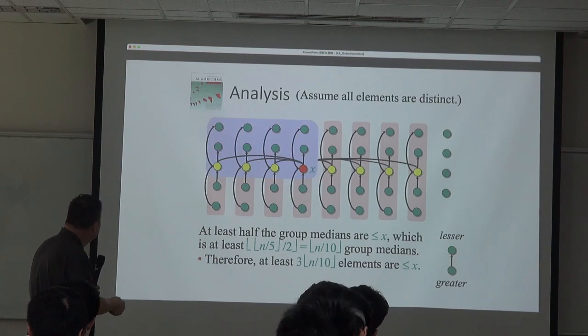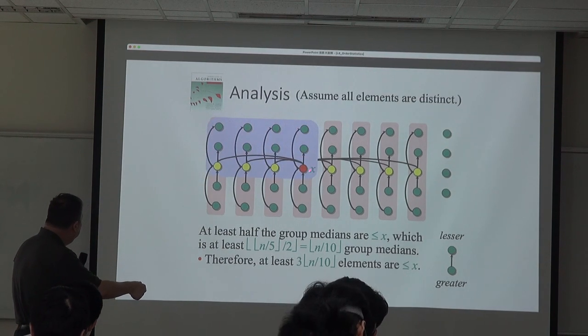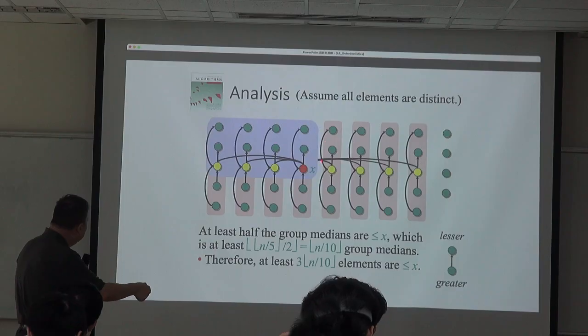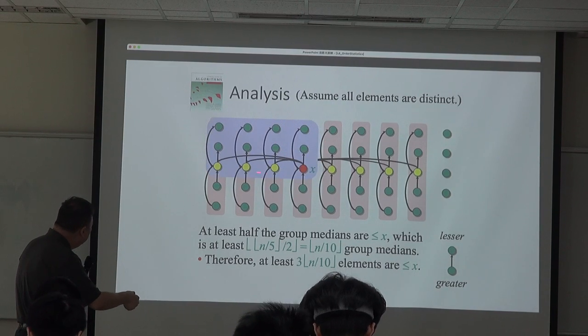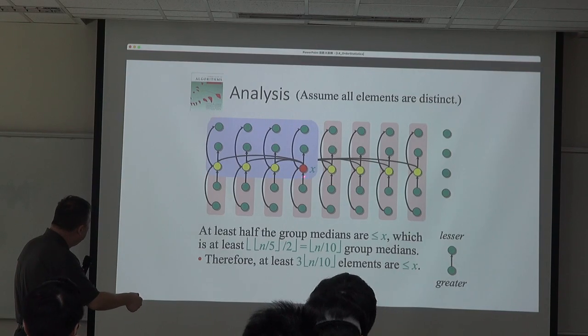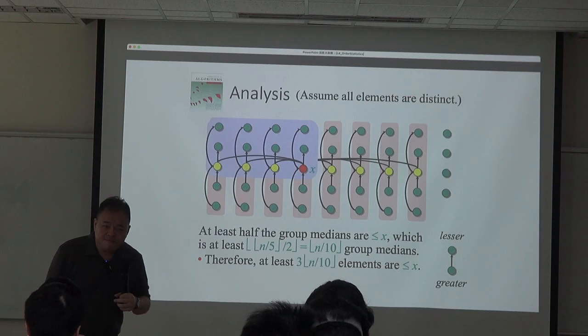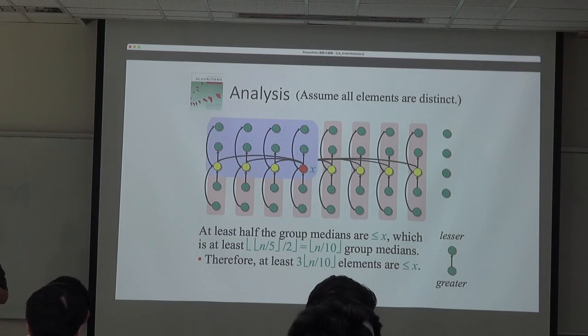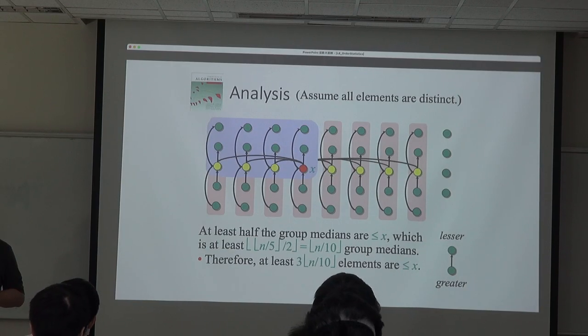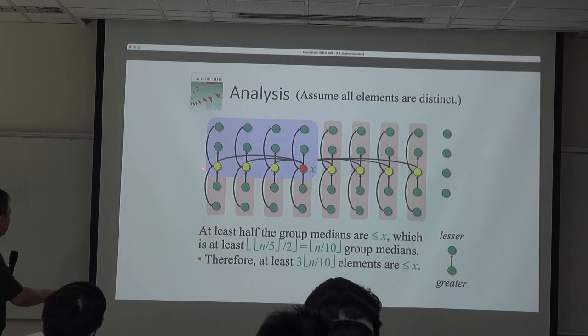So in other words, this part marked by purple, these numbers, they must be smaller than x. Is that right? How many numbers are there?